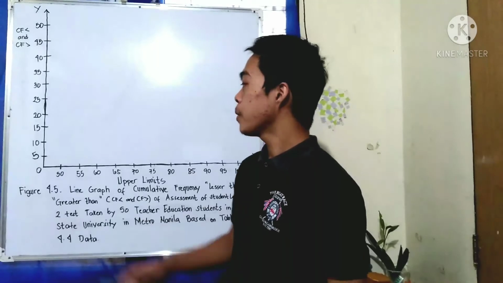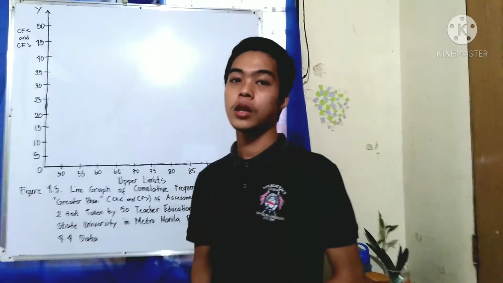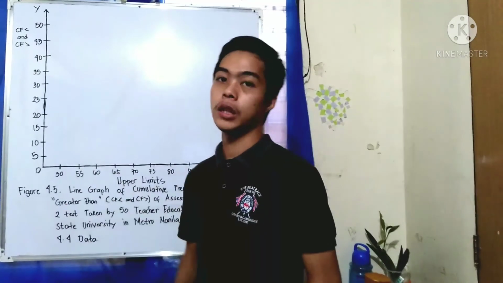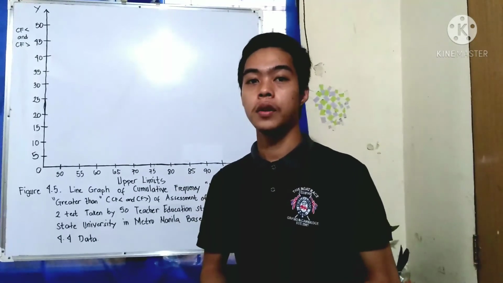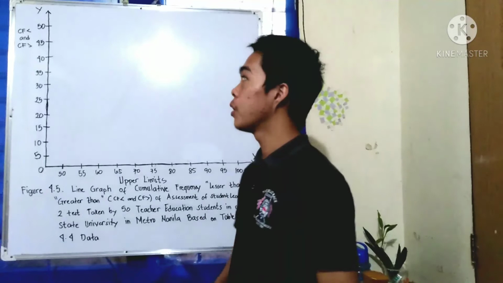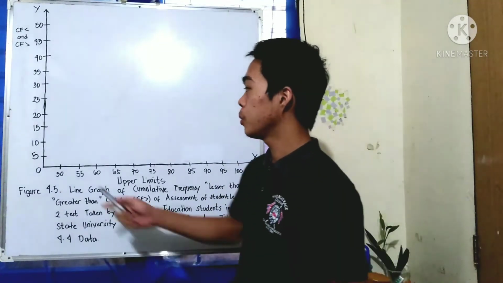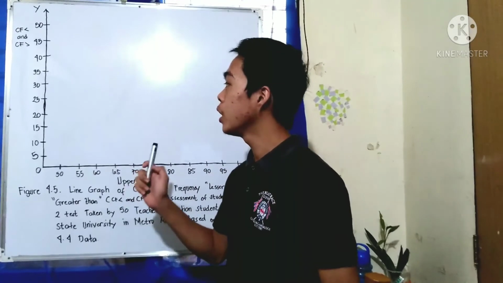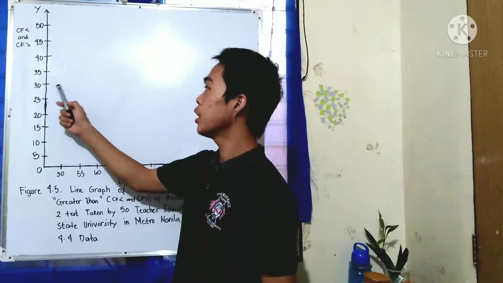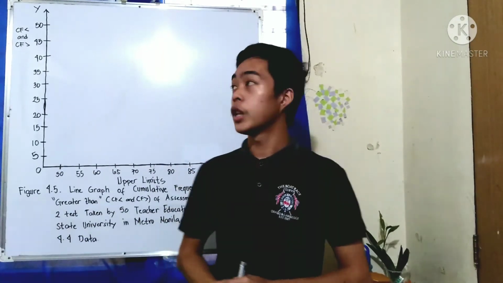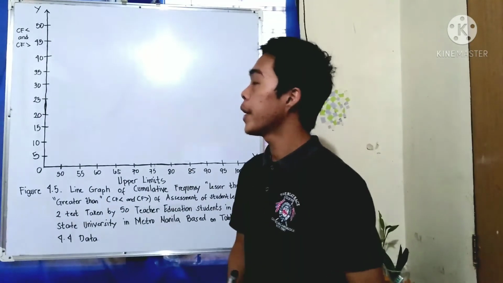From our vertex, we will start at 5, then add 5 up to 50, the highest number of cases of your cumulative frequency lesser than and greater than. So it should be 5, 10, 15, 20, 25, 30, 35, 40, 45, 50. So that is how we get our y-axis.